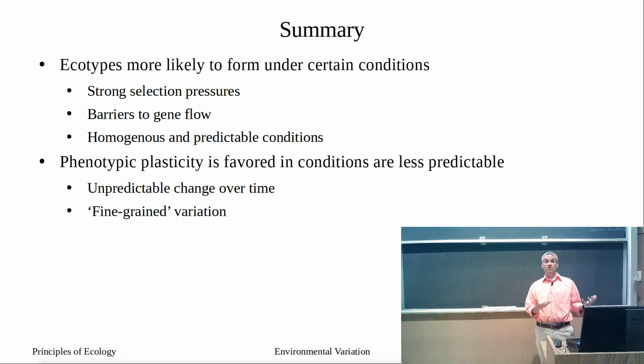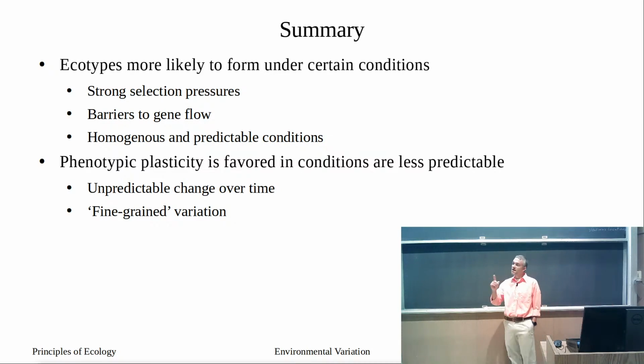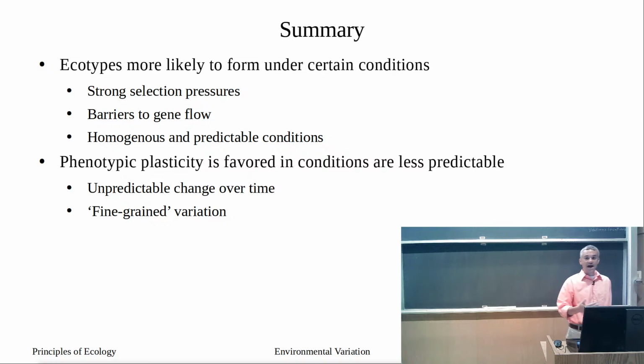We can't change. So if the environment changes, that's it. We might die out. But if we have the ability to change our phenotype, then from one genotype, we can produce multiple phenotypes, and hopefully we have the ability to produce a phenotype that allows us to survive and do well in that new environment.